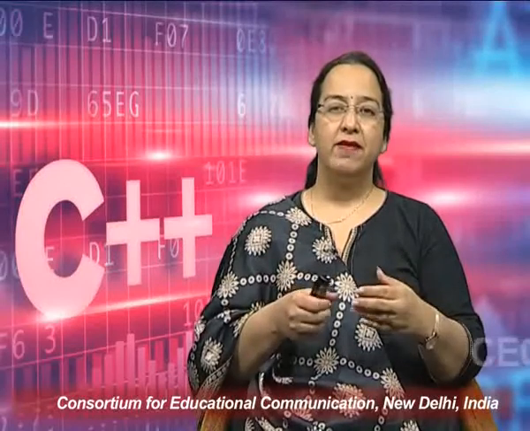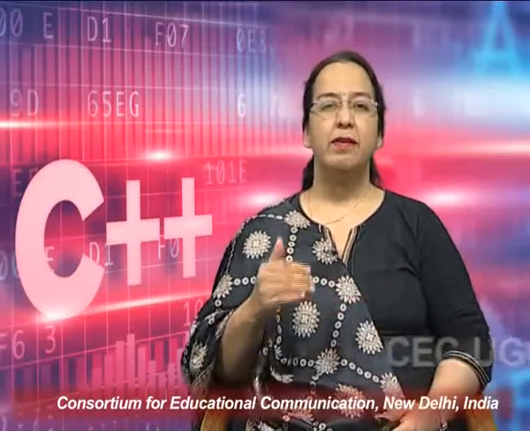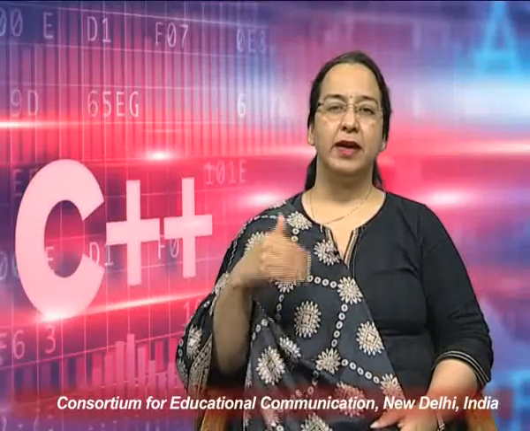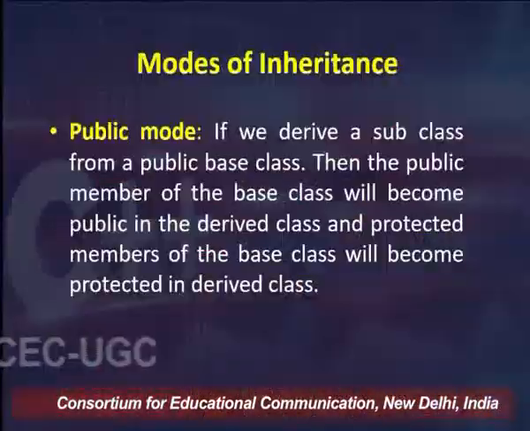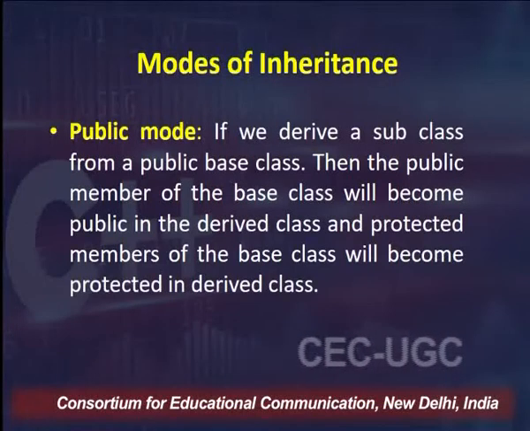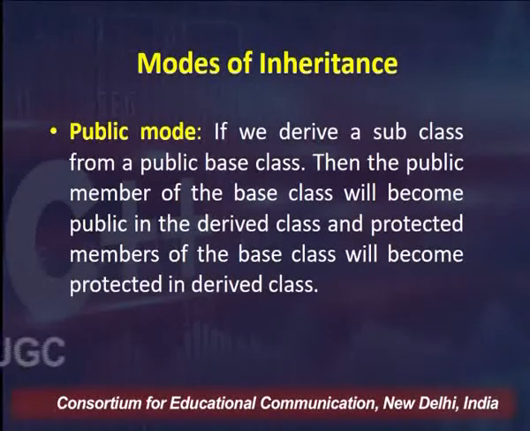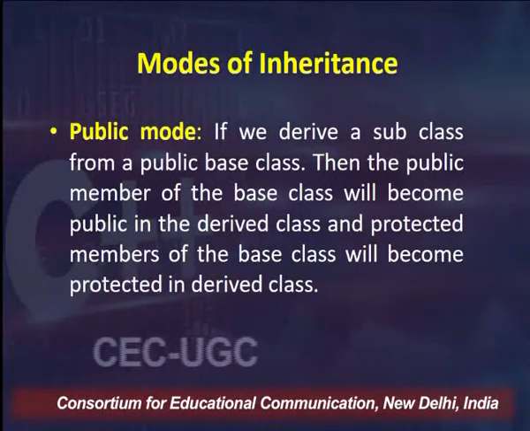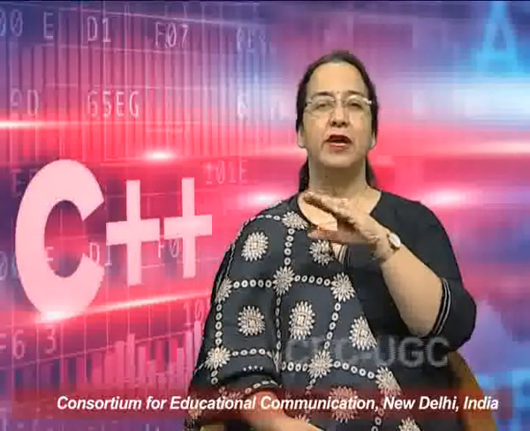Whenever we are deriving a subclass from a public base class, the public members of the base class will become public in the derived class as well. The public members of the base class will serve as the public members of the derived class if the mode of inheritance is public.